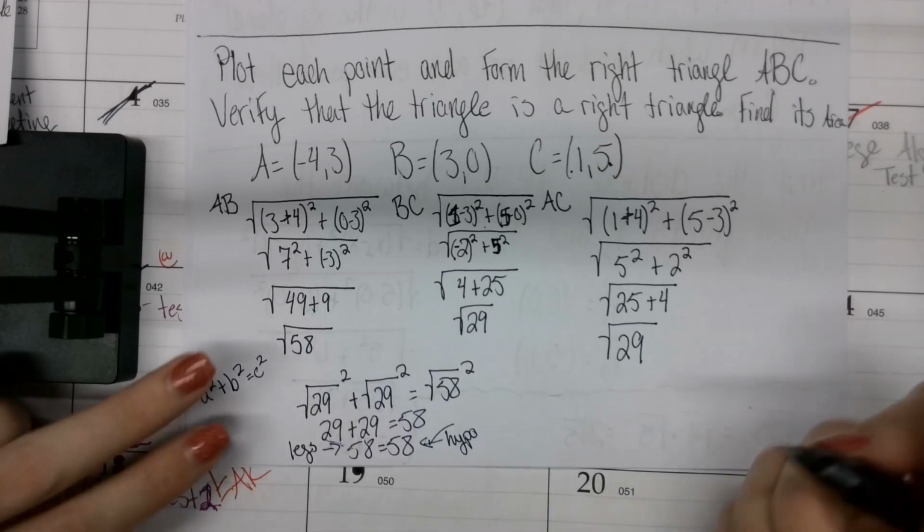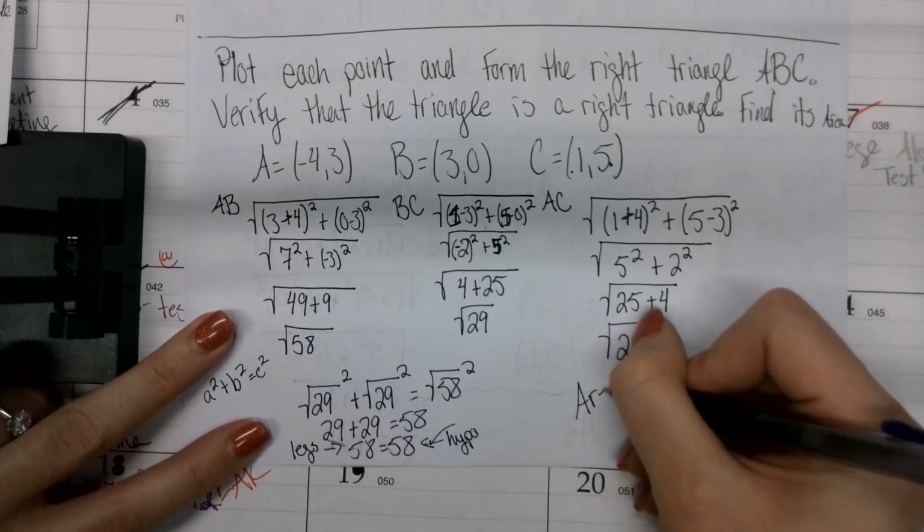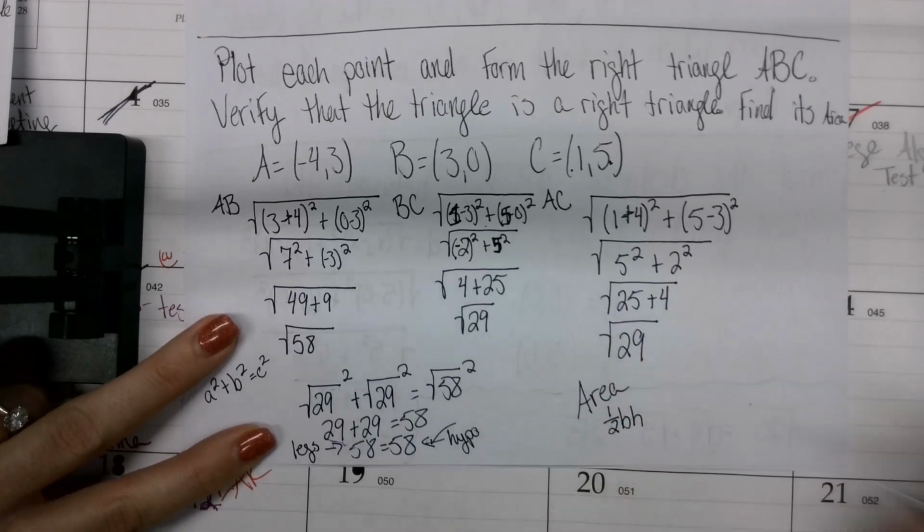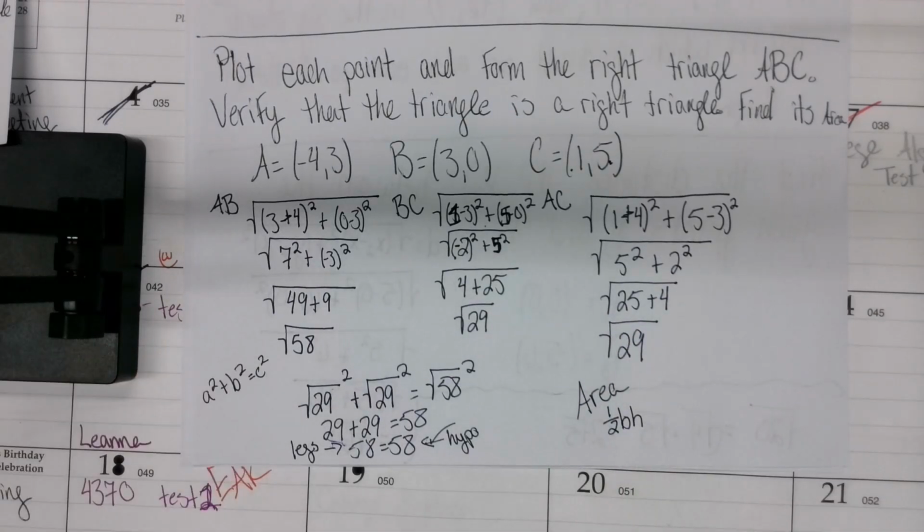Now then, the area of a triangle is 1/2 base times height. Your hypotenuse will not be involved when you're doing area, so it's going to be the two shorter sides, and ours just so happen to be the same.